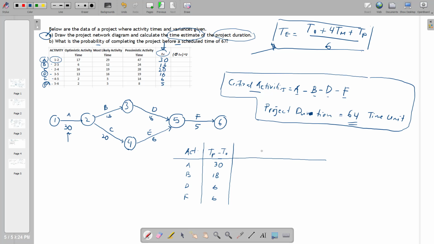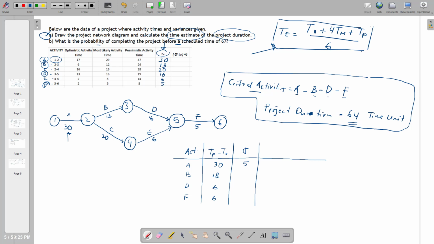Now we have the range, so we can calculate the standard deviation.